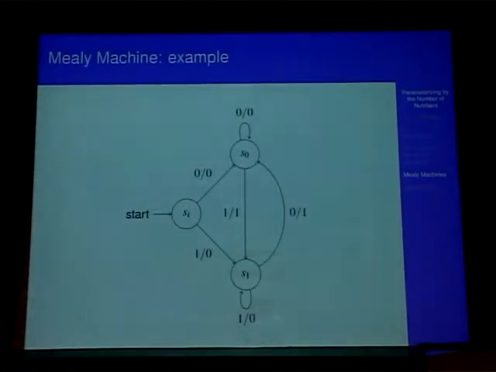This is a Mealy machine, just a finite state automaton. But on each transition, there's a letter that is read on the input tape, but we also output a letter. The input is a word, and you start in some starting state, and on reading a letter, you go into the next state, and you output a letter.